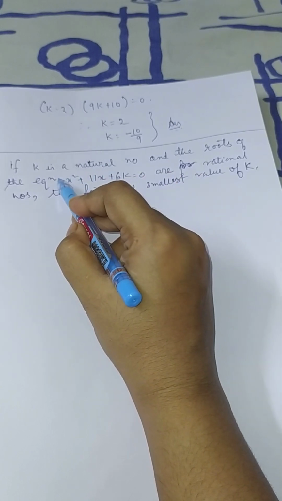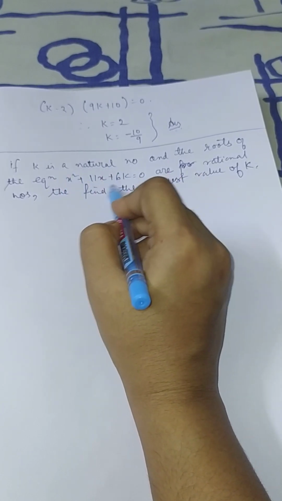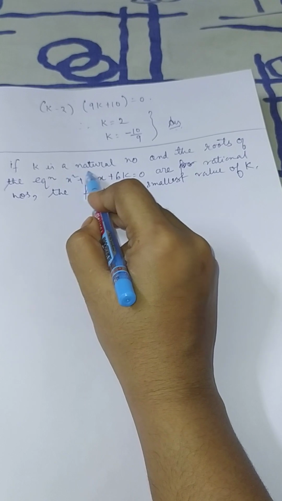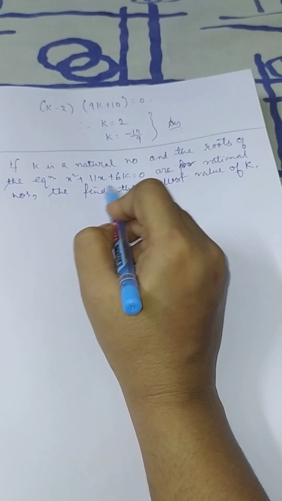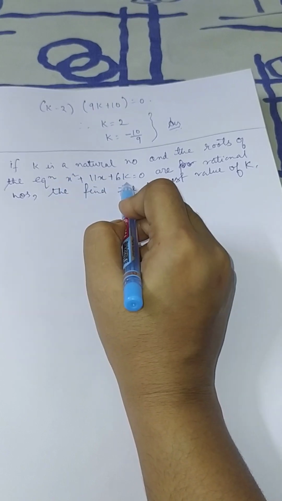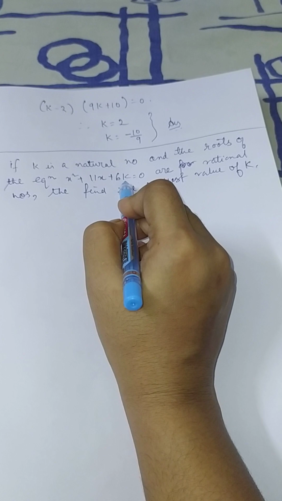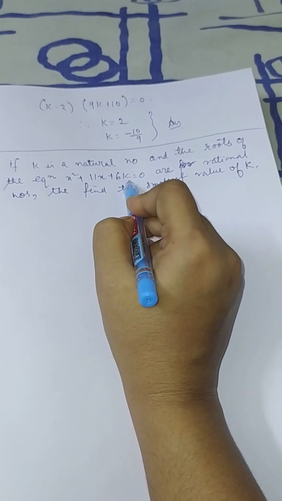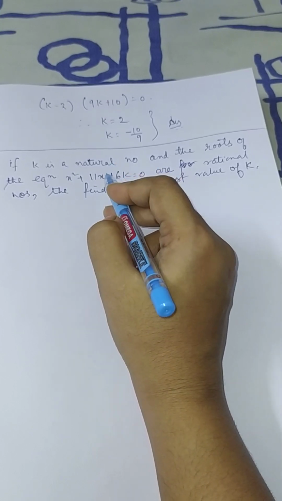One part, that means in this equation the roots are rational numbers, and the second part is we have to find the value of k.